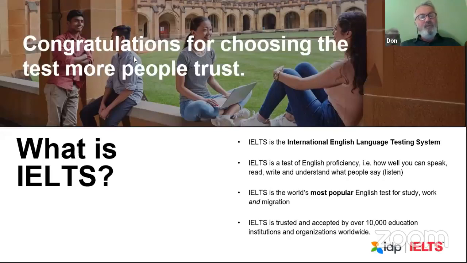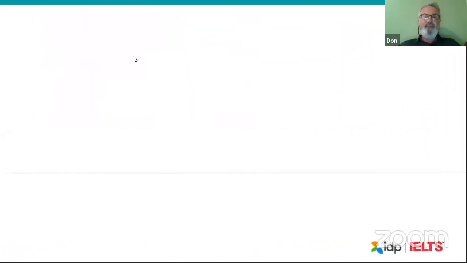And that's one of the reasons why it is such a popular test. It's the most popular English language test for study, for work, and also for migration. It's accepted everywhere, and 10,000 educational institutions and other organizations around the world will recognize your results.